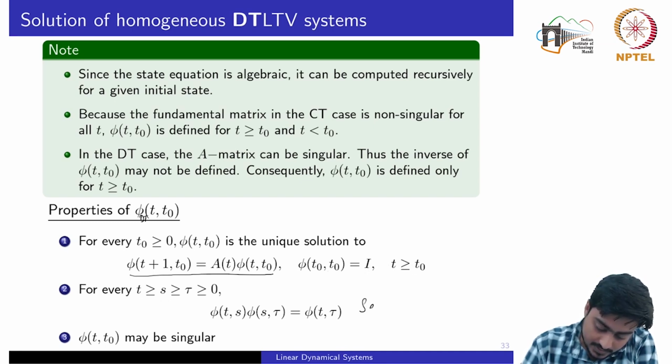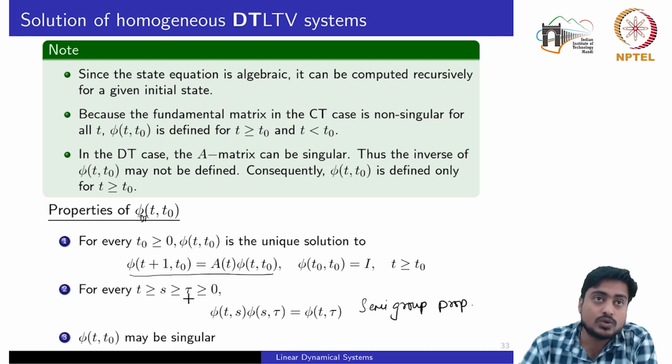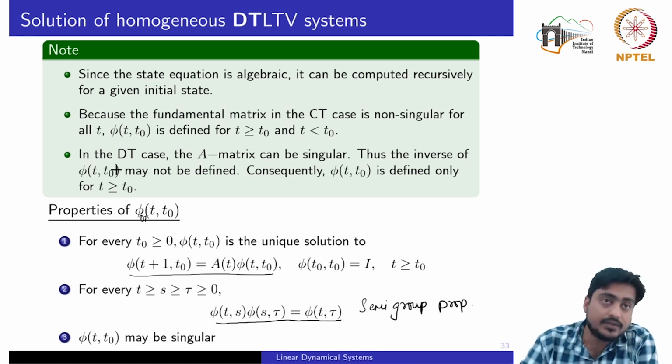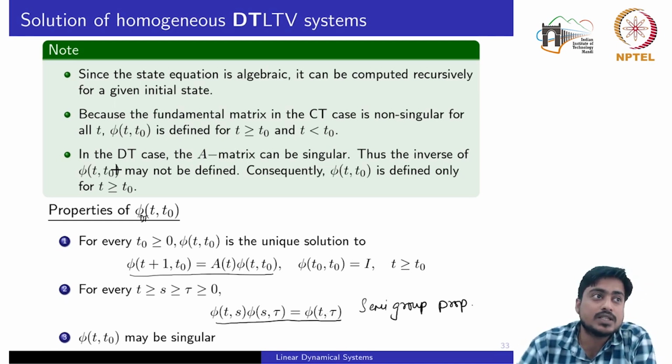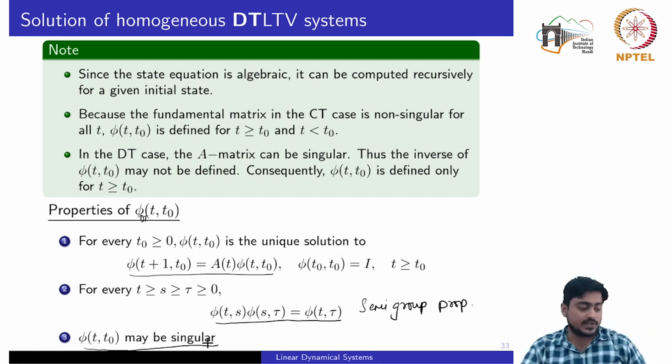Similarly, owing to the semi-group property, for all t greater than or equal to s greater than or equal to tau, this relationship is satisfied. Now this relationship is only in one direction because of the possible singularity of the state transition matrix in the discrete time. This is what has been written in the third point, that phi t comma t naught may be singular in the discrete time.